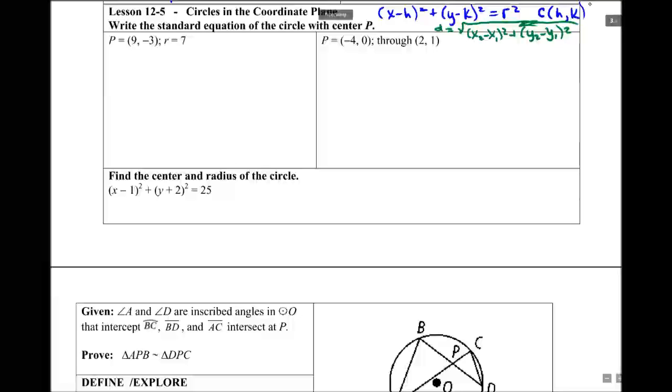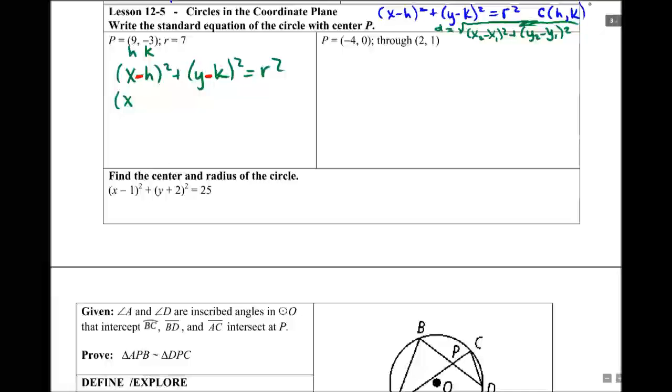All right, what's our first problem from us here? Write the equation of a circle with the center that is at P. All right, well, there's our center. So we label h and k, and we're given a radius of 7. We simply write our formula, x minus h, quantity squared, plus y minus k, quantity squared, equals r squared. We substitute in. Do not forget that these equations are minus from the beginning.